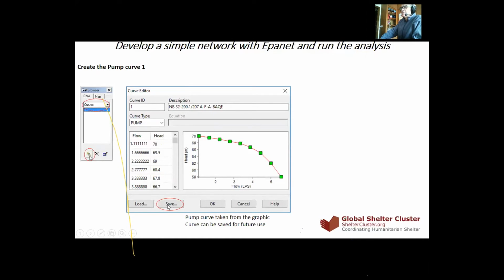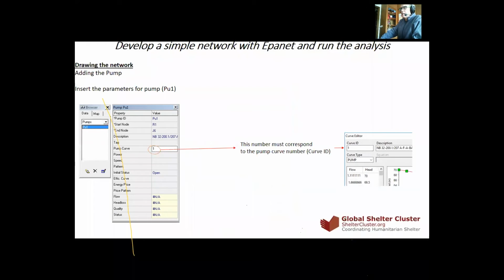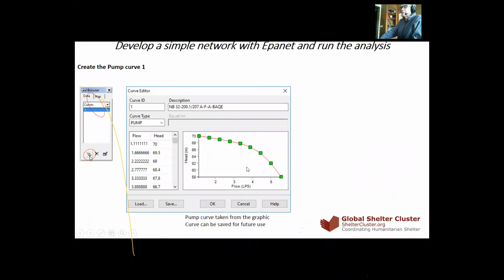Of course, you can save the pump curve for further use. And then at this point, you have to link your pump to the pump curve. You open again on your browser under data pump, you click on it, you will have pump curve here. You write 1. I forgot to, sorry, I was jumping.